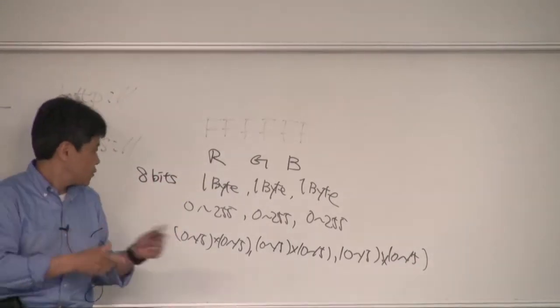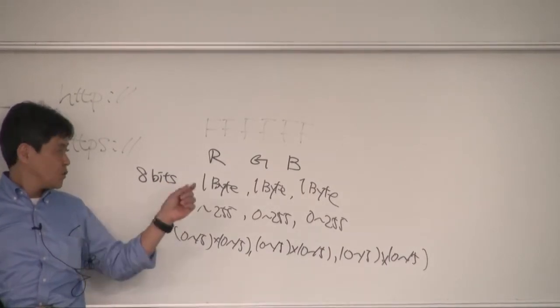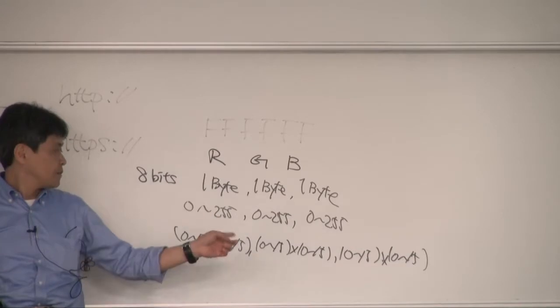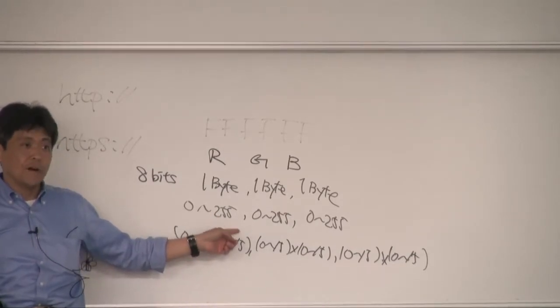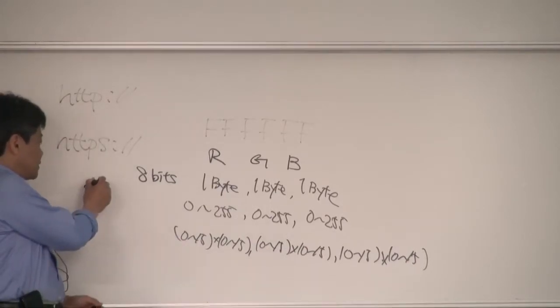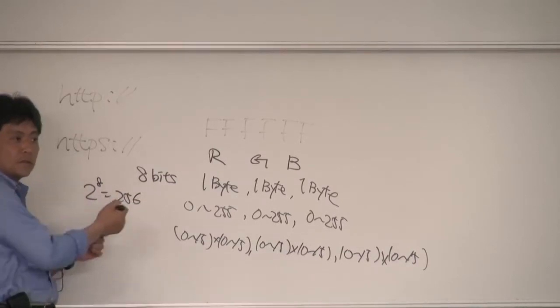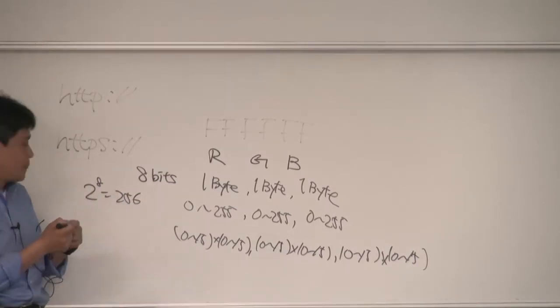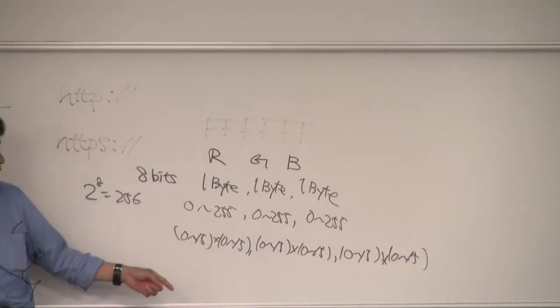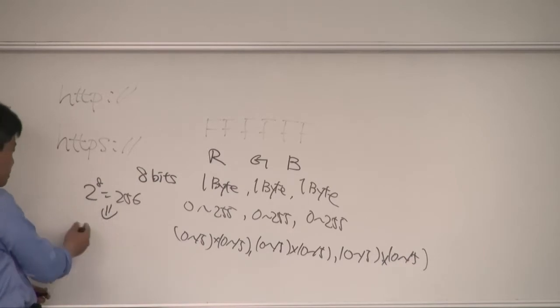Maybe as you know, using 8 bits you can specify an integer number from 0 to 255, because 2 to the power of 8 equals 256.